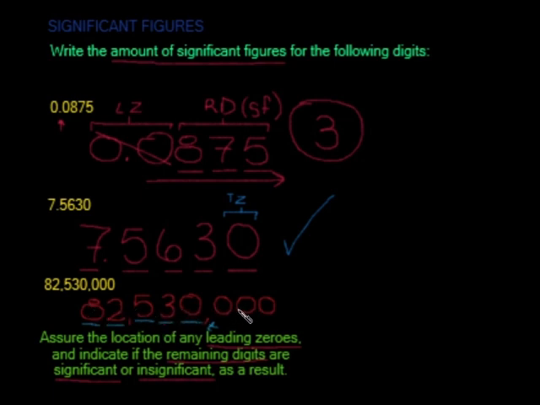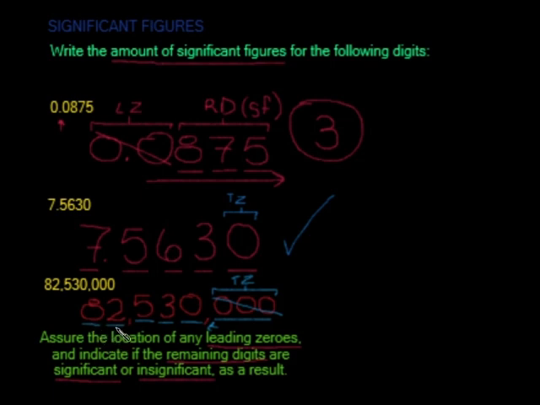And these trailing zeros, these 3 trailing zeros, I'll label this. Trailing, there it is. Trailing zeros. These trailing zeros here are insignificant, since they're rightmost and they don't count.